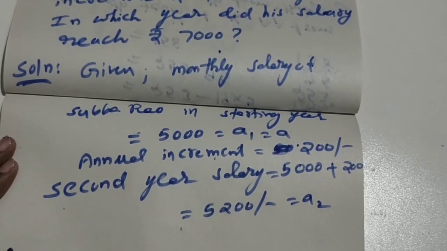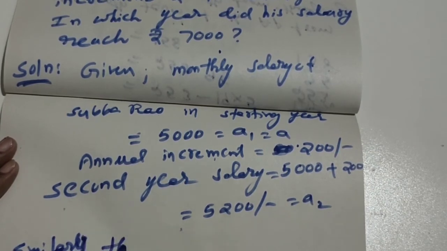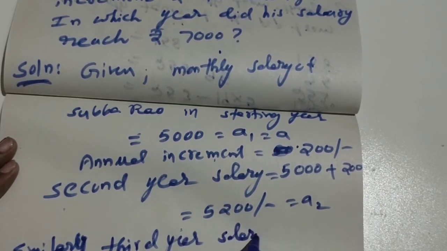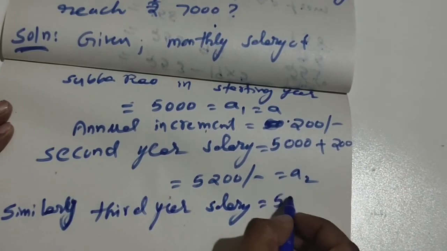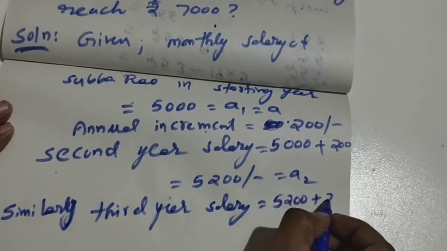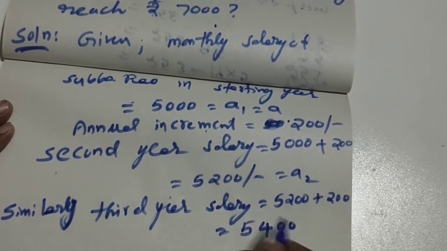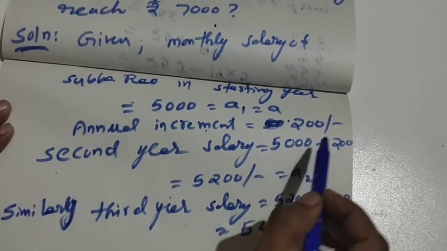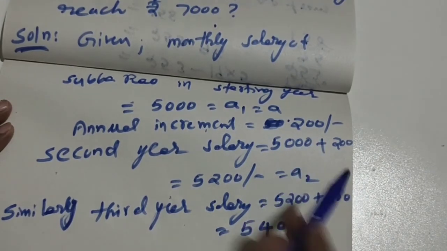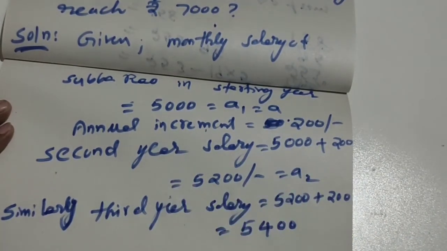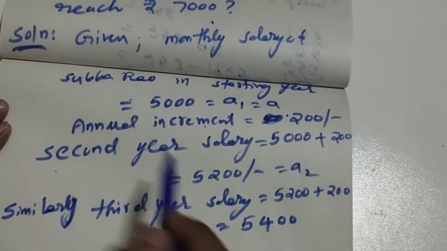Okay, so now similarly you can write the list. What is the list here? Similarly you can write third year salary. How much is that? You can say directly 5,200 plus 200. Why? Because here 5,000 is the first term, 200 is a fixed number or the common difference. To get the successive numbers, we should add the 200 to the previous number.